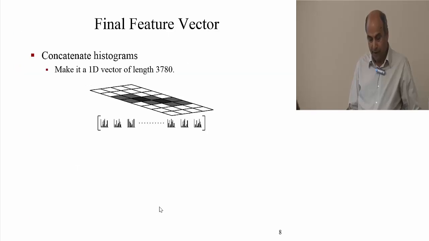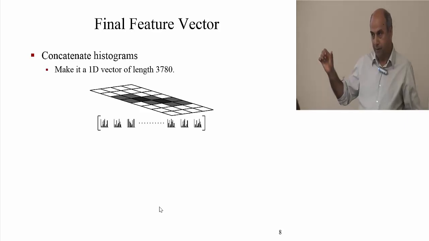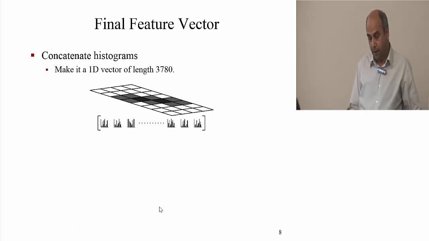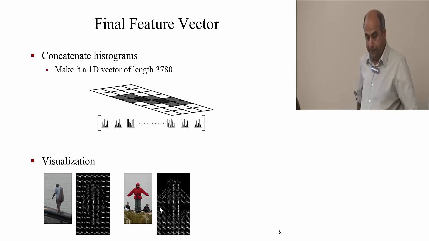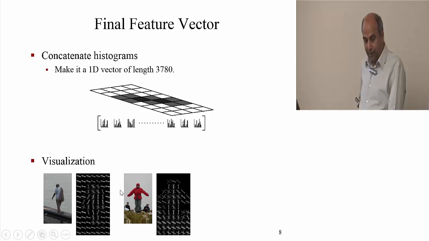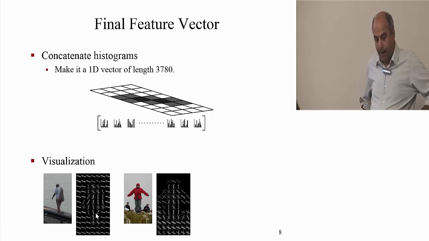So the final feature vector for this whole image will be the concatenation of these histograms. If this is an image, we will have these histograms for each block.